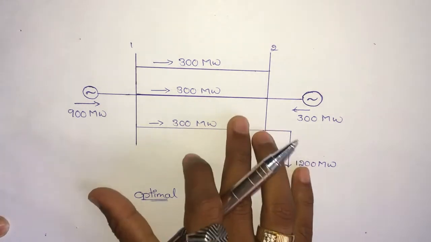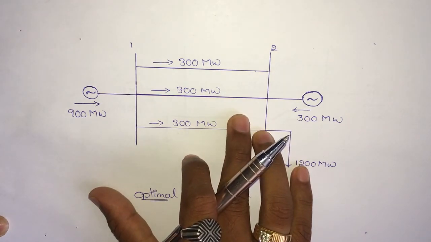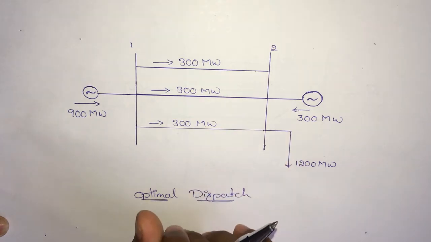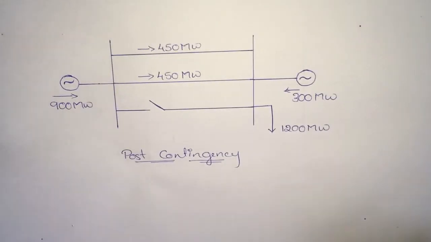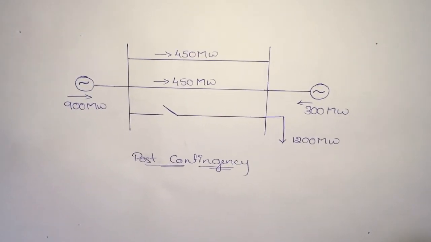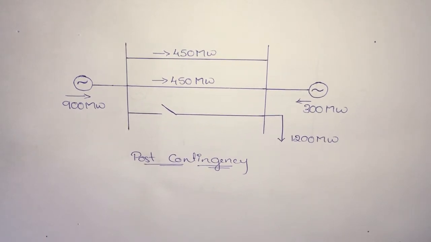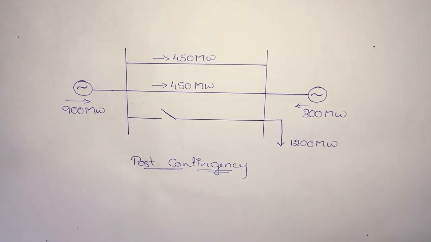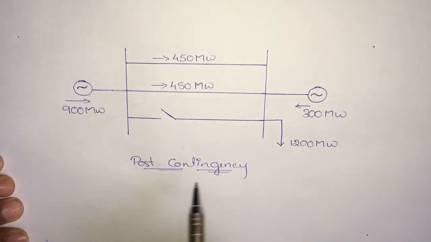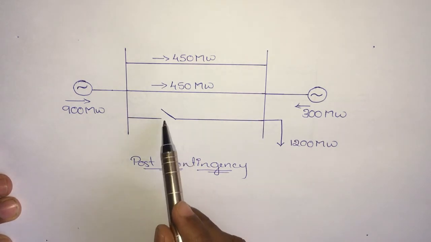If the same state is affected by a contingency, that will be our second state, which is called post contingency. In post contingency, there is a fault in one line because of overloading, or maybe because of some other issue. Post contingency means after the contingency has occurred, which means the fault has occurred here.